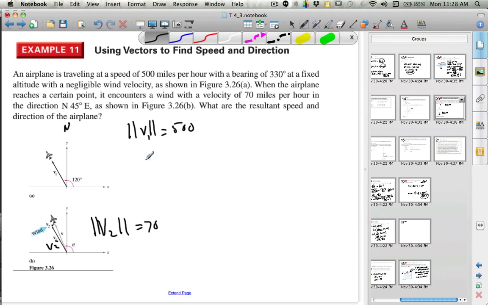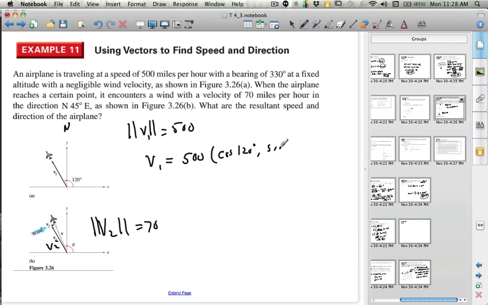So I know that my vector will be equal to the magnitude of the vector times cosine of the angle, sine of the angle. And that gives me a component form of negative 250 and 250 times radical 3 here. And when I find the component form of this vector, it's going to be 70.